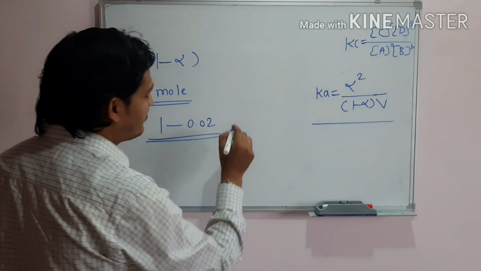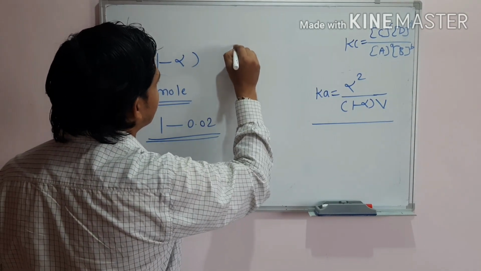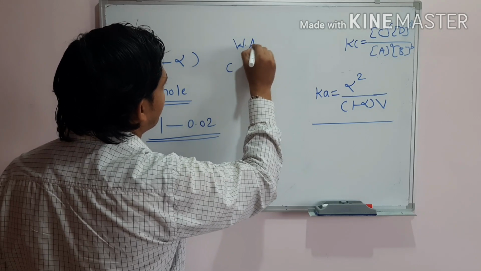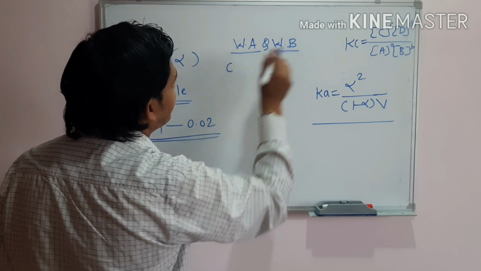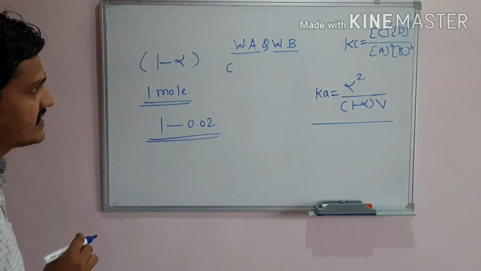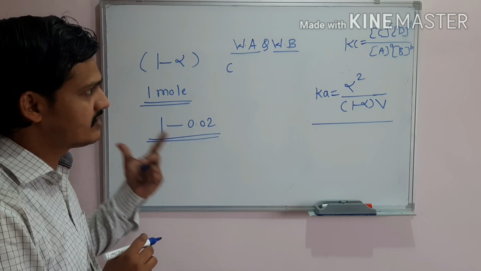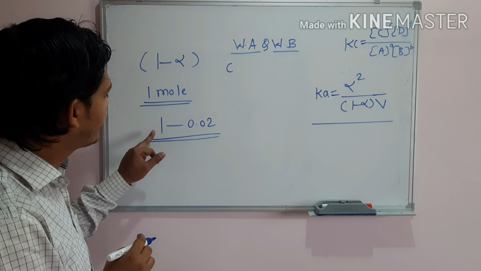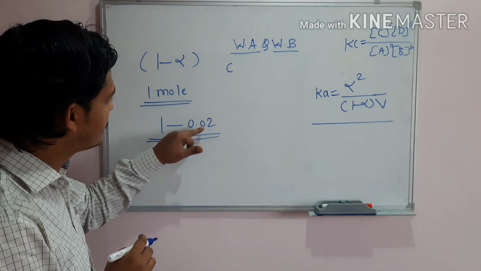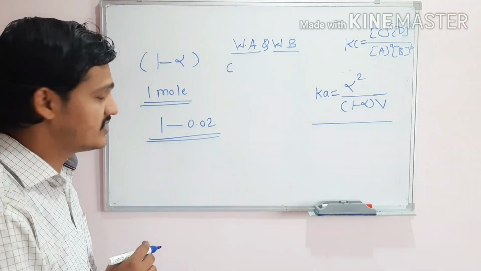Because we are deriving the expression regarding weak acid and weak base. So for understanding purposes I am taking simpler examples, but in reality out of 1 mole only 0.02 or 0.04, 0.06 mole dissociates.